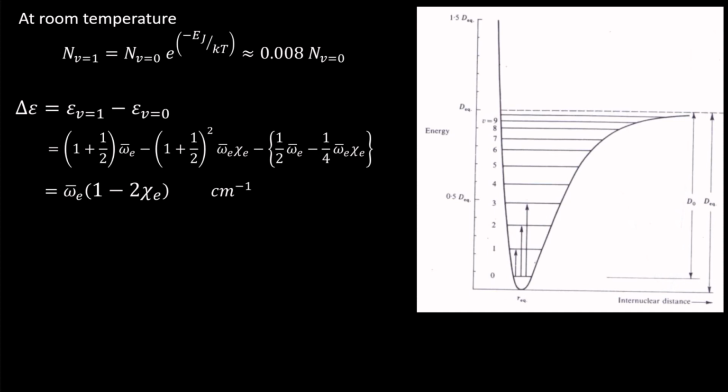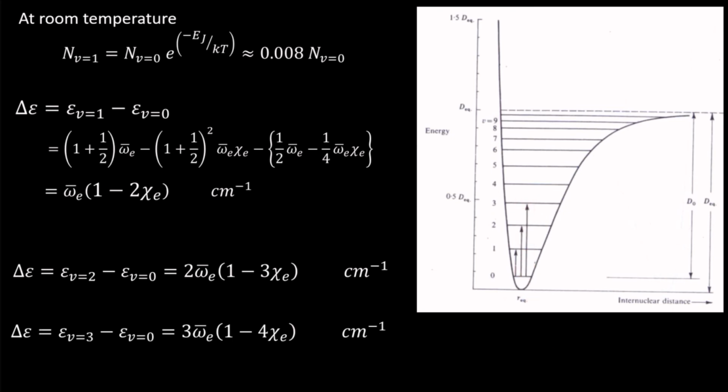Similarly, we can prove that the energy change involved in the transition from v equal to 0 to v equal to 2 state is 2 omega e bar into 1 minus 3 xe centimeter inverse, and from v equal to 0 to v equal to 3 is 3 omega e bar into 1 minus 4 xe centimeter inverse. These three transitions are shown in this spectrum.